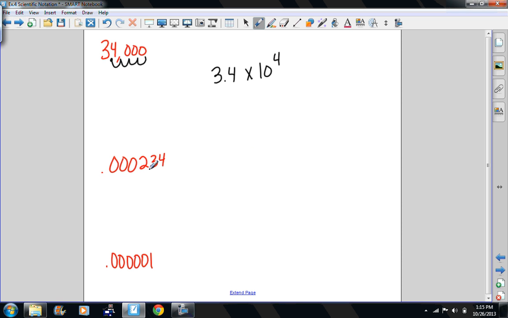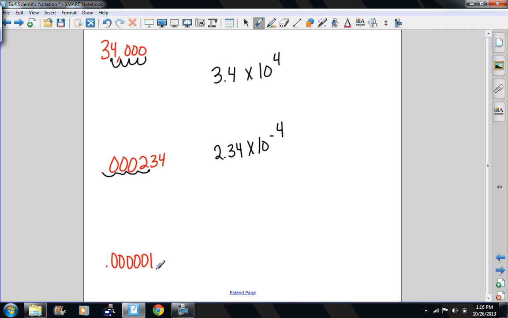Now this one here, we once again put one number in front of the decimal place, so we put it here, and we're going to move it 4 this direction. 1, 2, 3, 4. But since our original number was very small, we are going to do a negative exponent, and we moved it 4 to the left.